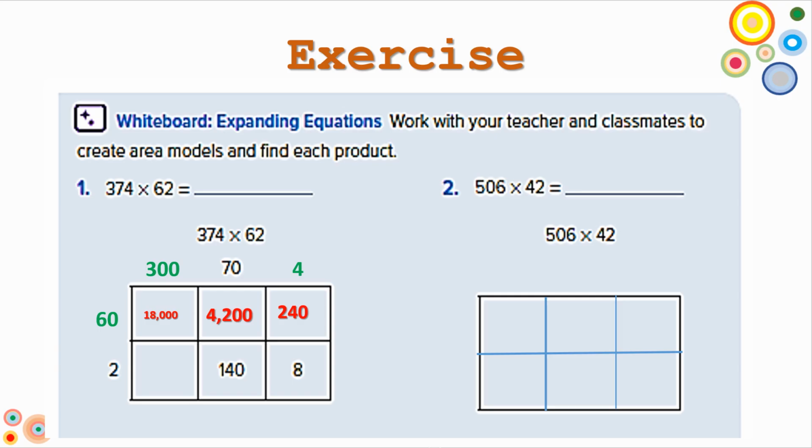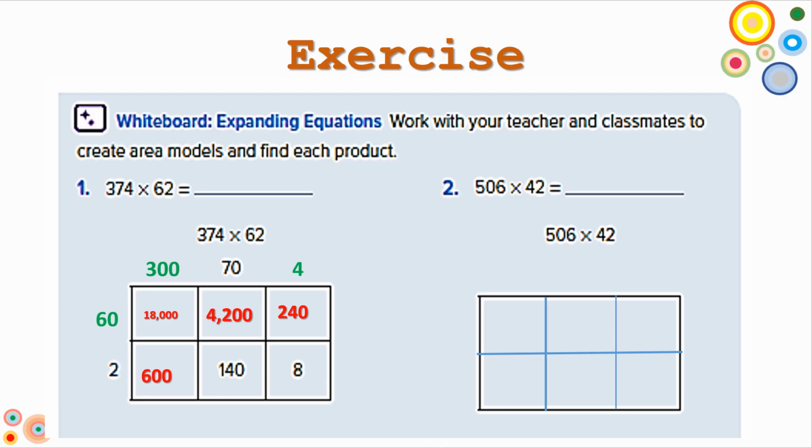The next one, go to number 2. Multiply 2 by 300, 2 by 70, and 2 by 4. You have these two numbers solved before, so the remainder is 2 times 300, it will be 600.